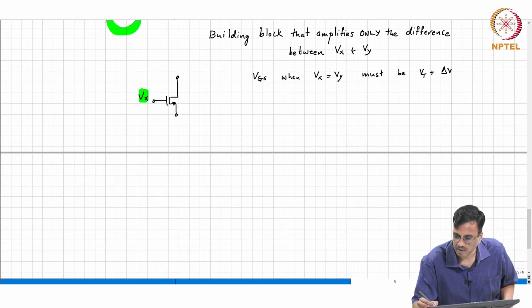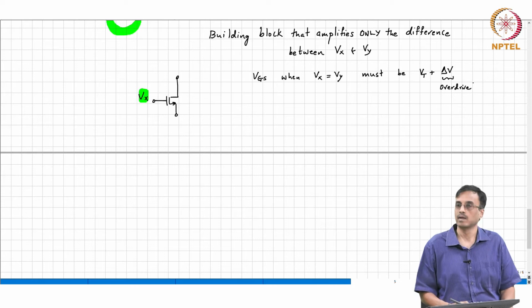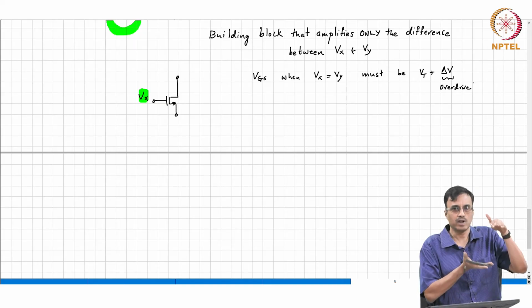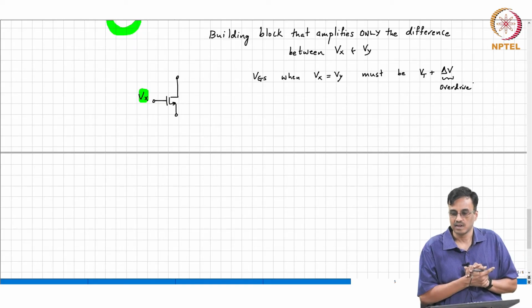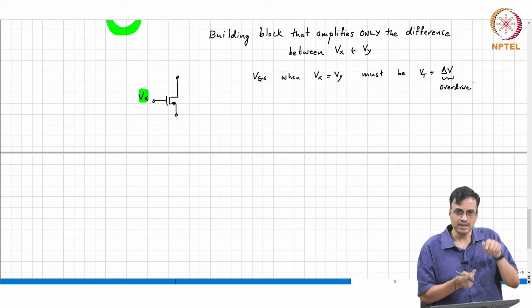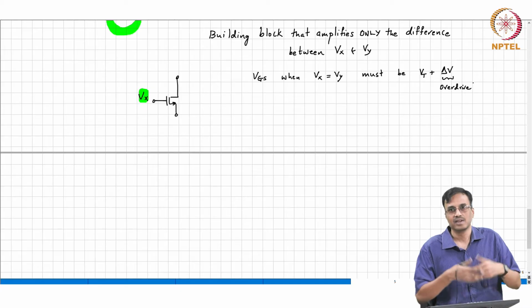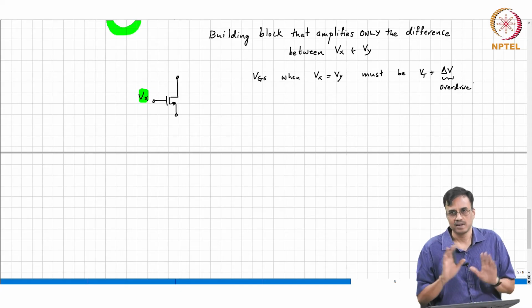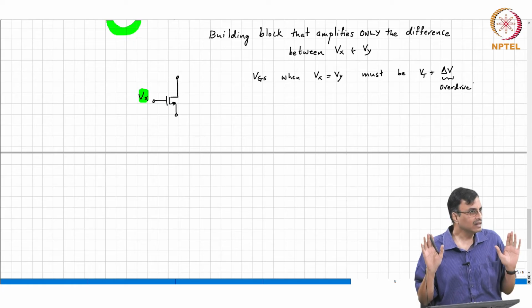Okay, let me call this here the overdrive voltage. Does it make sense? So, when Vx is equal to Vy, we want to make sure that the transistor is alive and is actually carrying some current, so that the gate source voltage is greater than the threshold by an amount delta V. Is that clear?